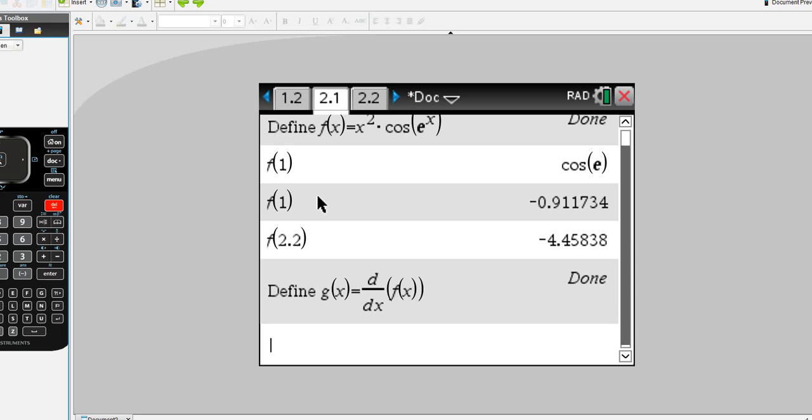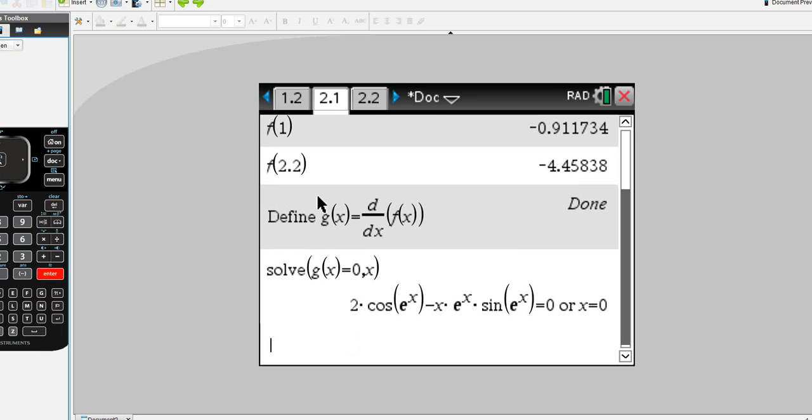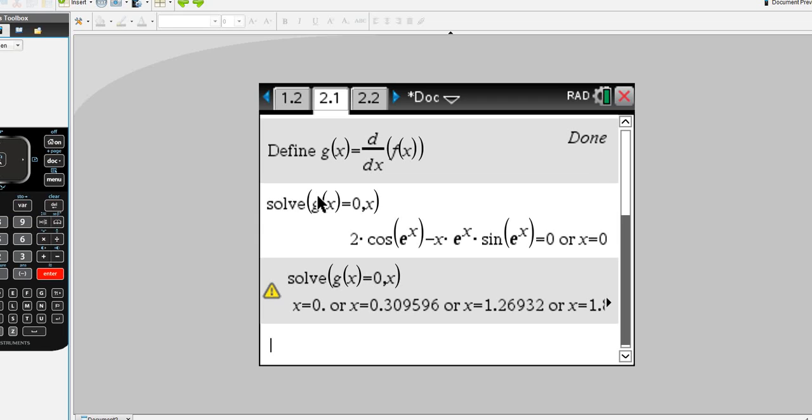And over here, we want to solve for when our derivative function g of x is equal to 0. We're solving for x, so comma x. Okay, pressing enter may not be a good idea here. Let's try Control Enter. And it seems like we have multiple solutions. Of course, you're going to expect that with a trig function.